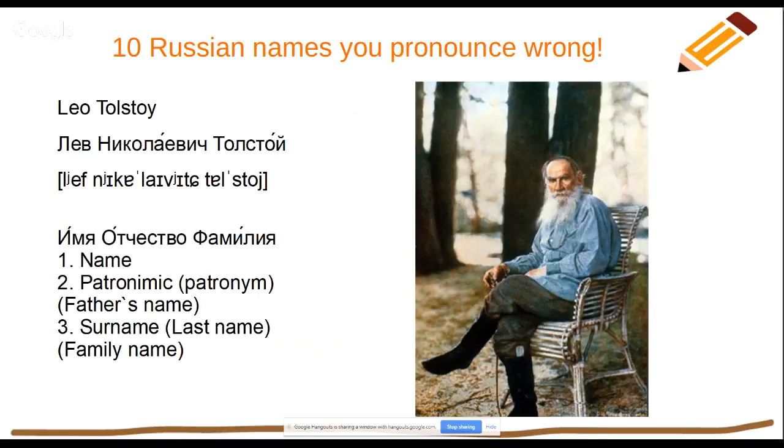And wives usually take the surname of their husband, but that's not obligatory. So all Russians have 3 names. Lev, Nikolaevich, Tolstoy.